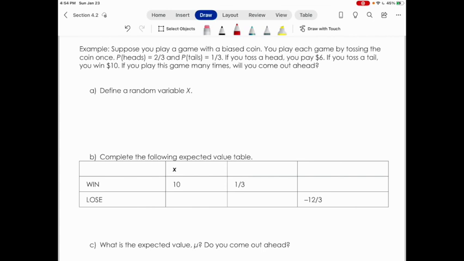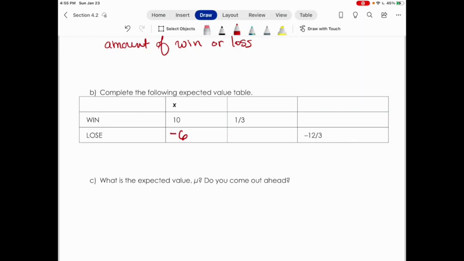Okay, so in the first part, we're going to define the random variable. And just like in the last example, the value of x is going to be your amount of winnings or losings. Then we're going to fill out the table, of course. So you would lose $6, and the probability of that happening, given in the problem, was 2/3.